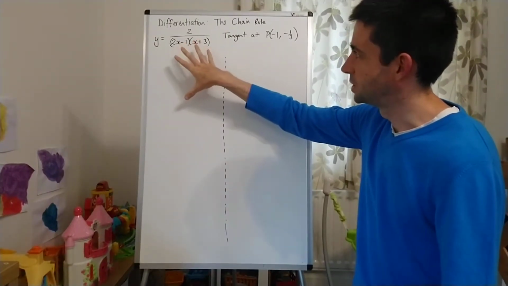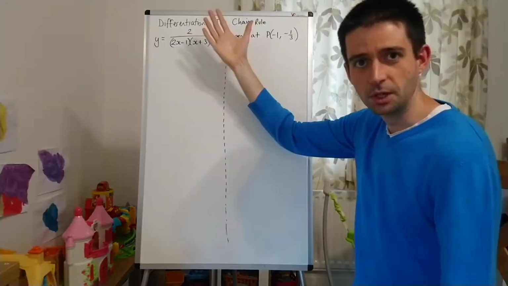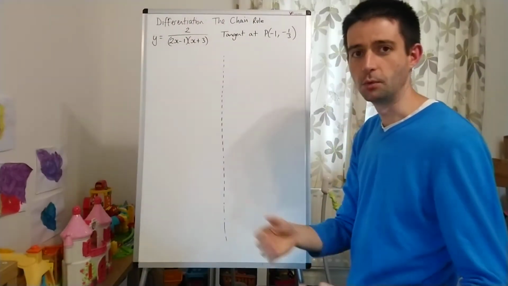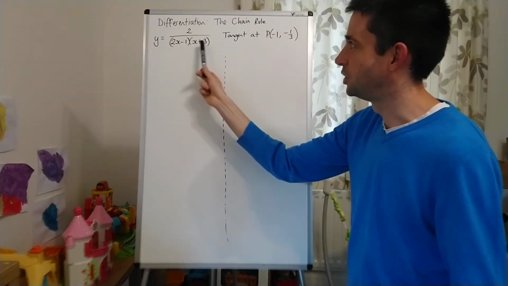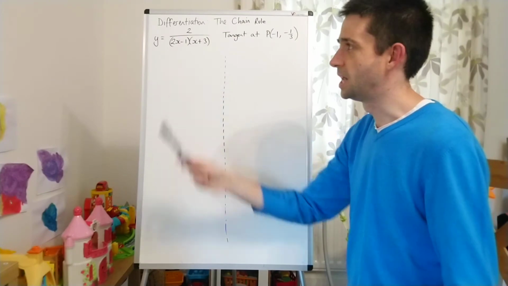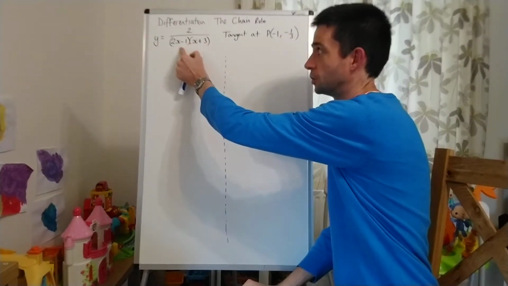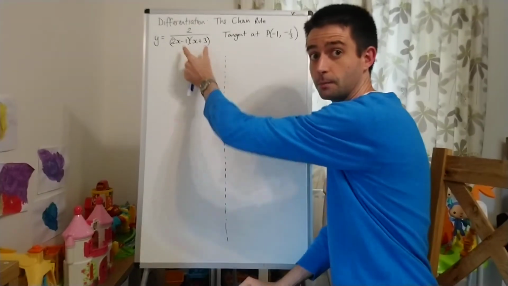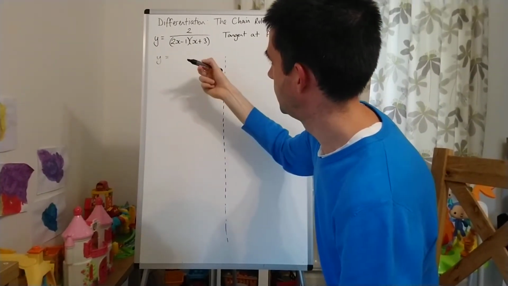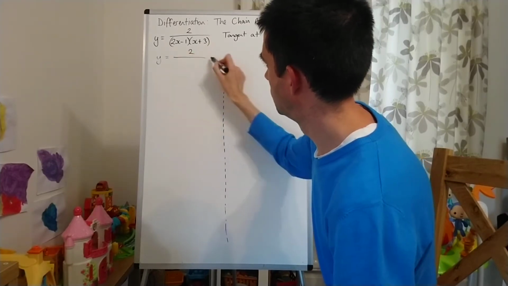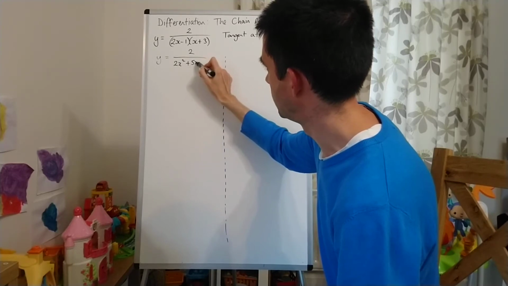Now the first thing I need to do is consider which rule I'm going to use to differentiate this. Obviously I'm going to use the chain rule because the lesson's called the chain rule. But before I can use it, I need to expand out the denominator so that I've got one single function, because at the moment I've got two functions being multiplied together. So I'm going to write that y is 2 over (2x squared plus 5x minus 3).